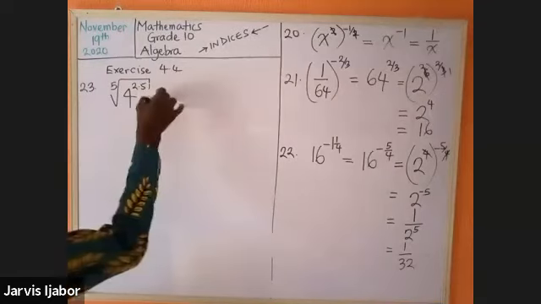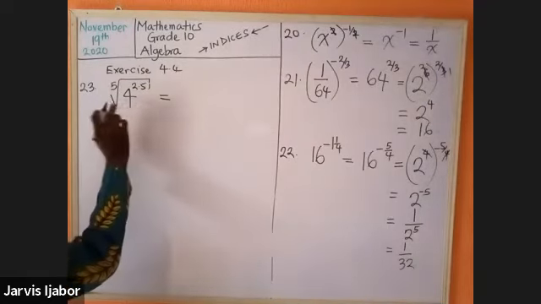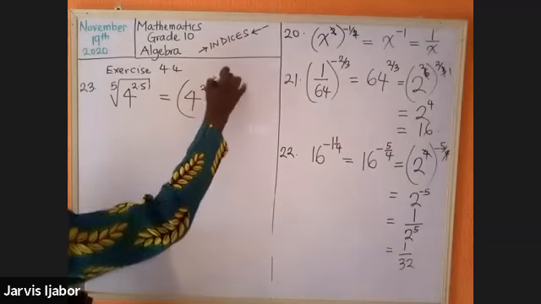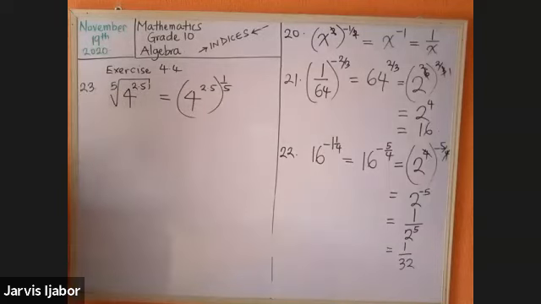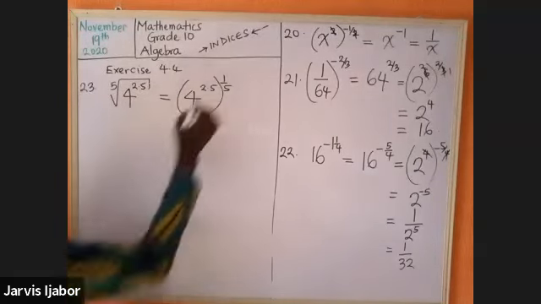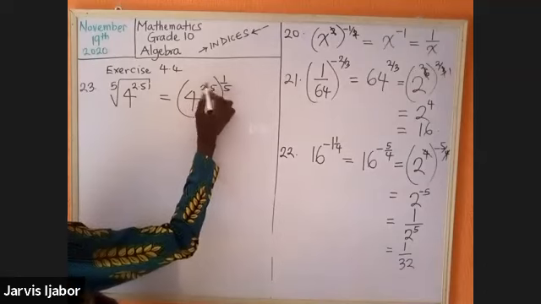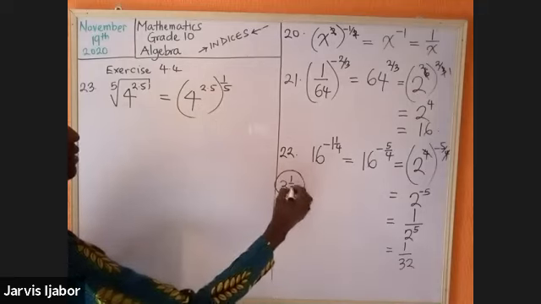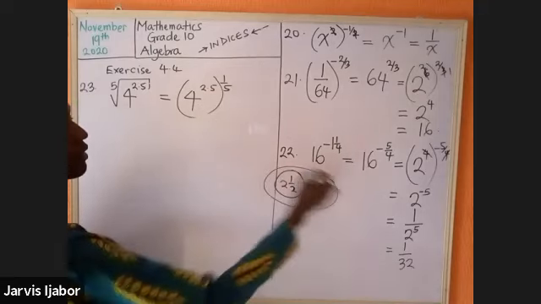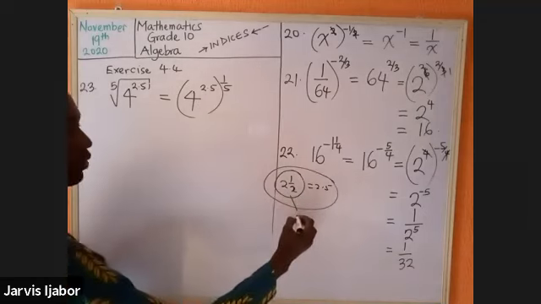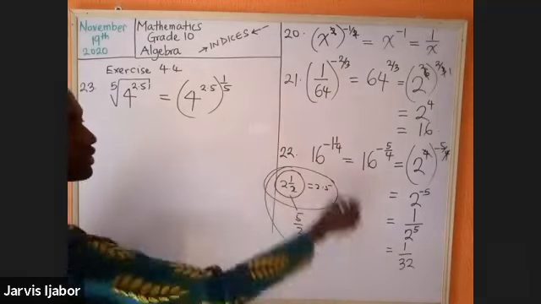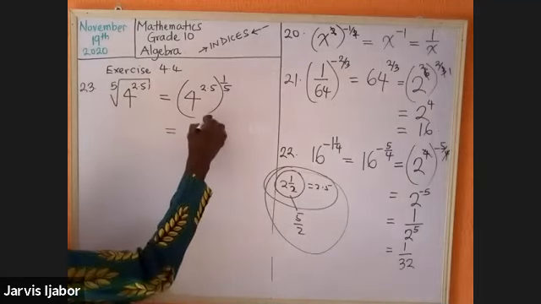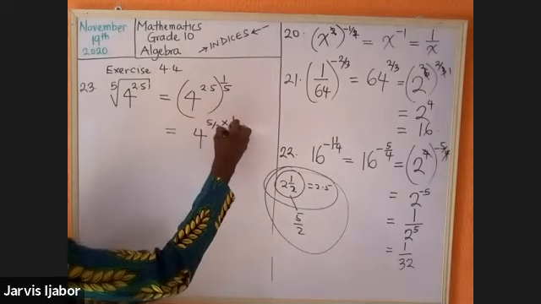Now, the first thing you need to do is to change the root to an index, then you need to change this to a proper fraction. 2.5 means 2 and a half, and the improper fraction of this will be what? 5 over 2. Just look at what I've done here. So you're going to have this to be what? 4 raised to the power of 5 over 2 times 1 over 5.